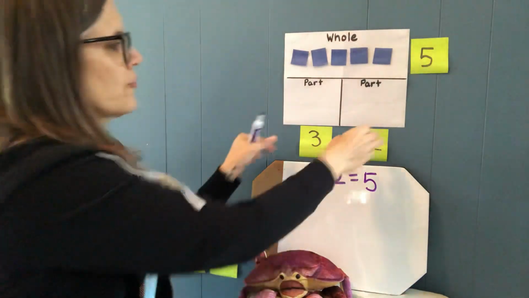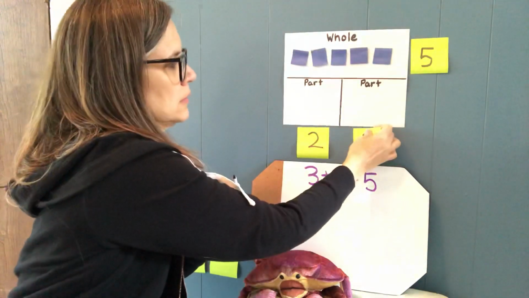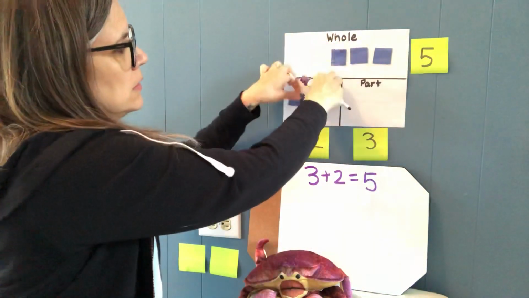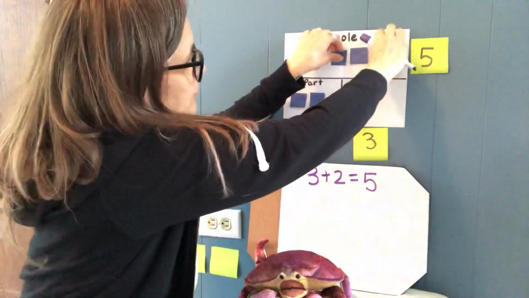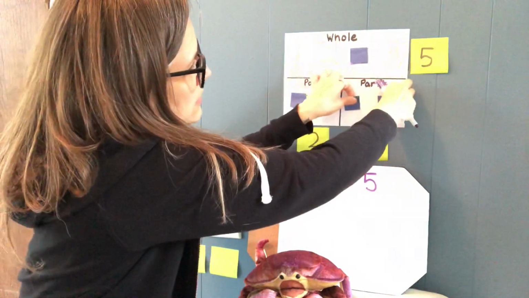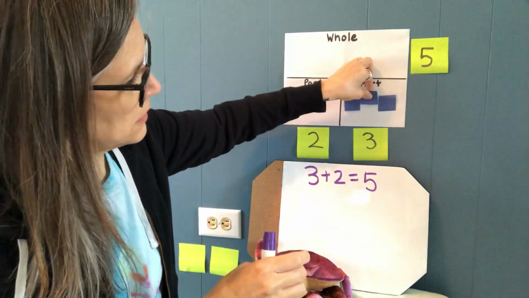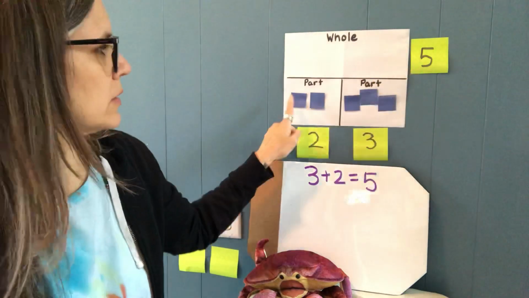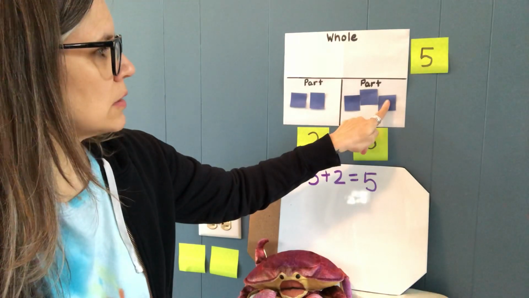Okay, well what if I switch those? What if I put 2 here? And what if I put 3 in this part? How many are all together again? 1, 2, 1, 2, 3.